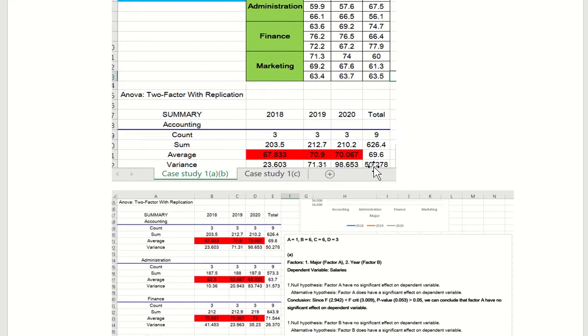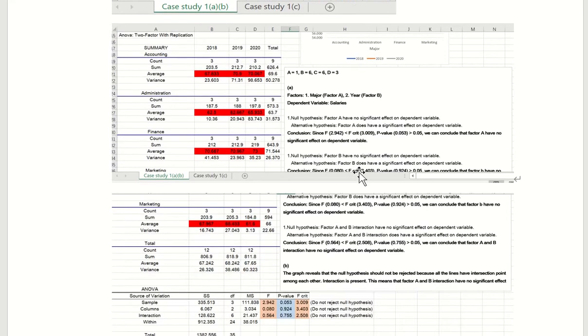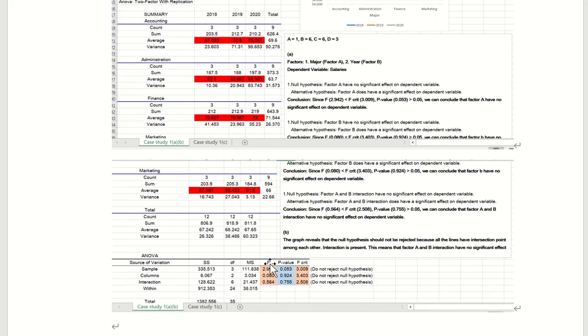So according to the ANOVA table, we can see that the F value is less than the F critical for all the three hypotheses.